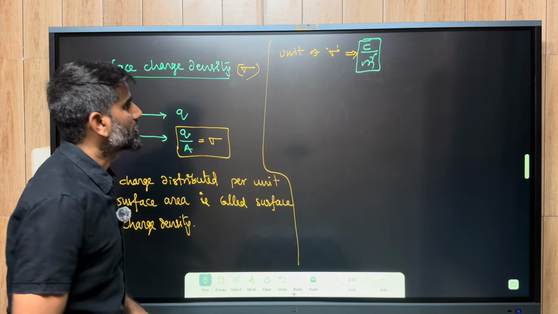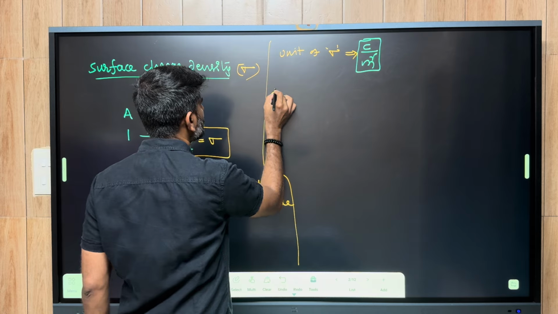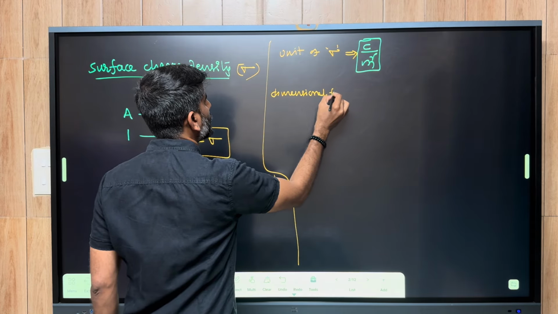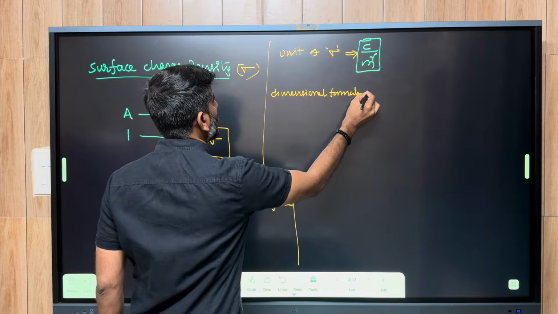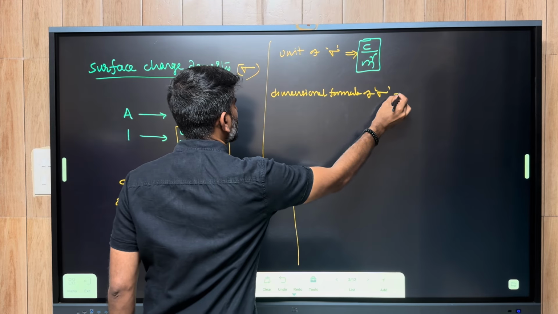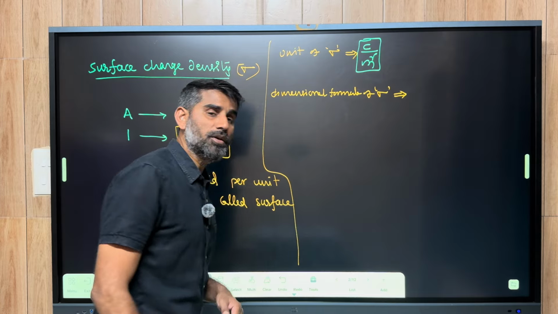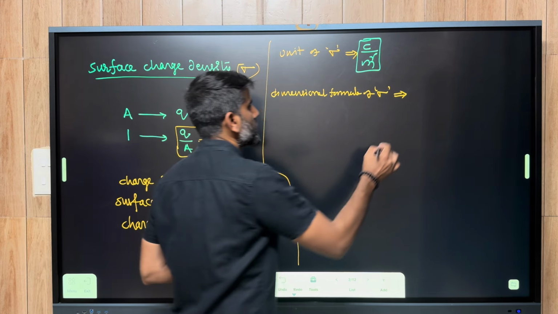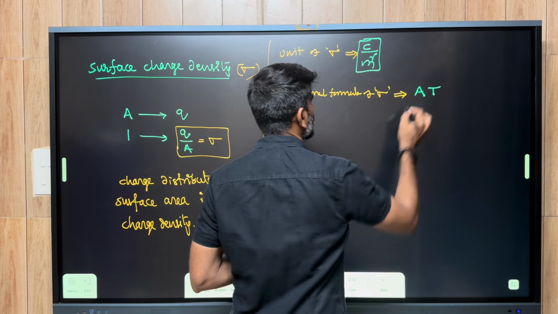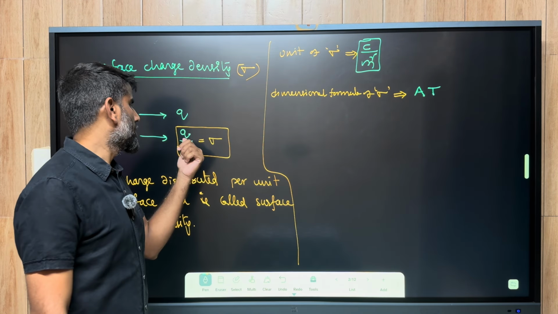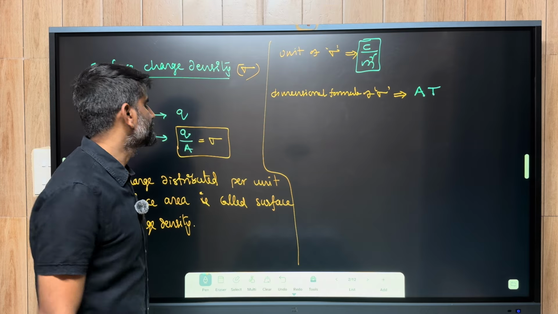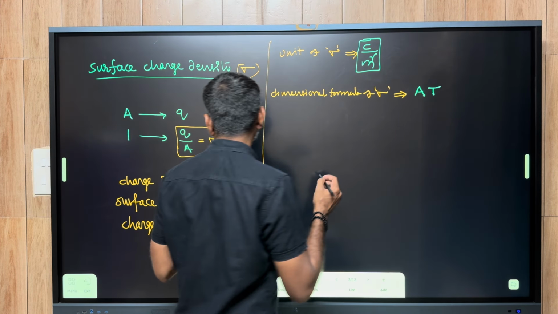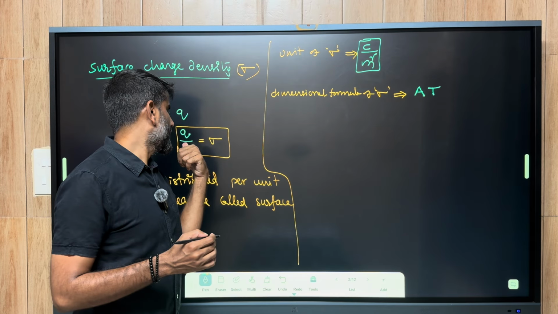Now coming to the dimensional formula of sigma. What will be the dimensional formula of sigma? As I've already told you, the dimensional formula of charge is A times T, since Q is equal to IT. And here A is area, not ampere.